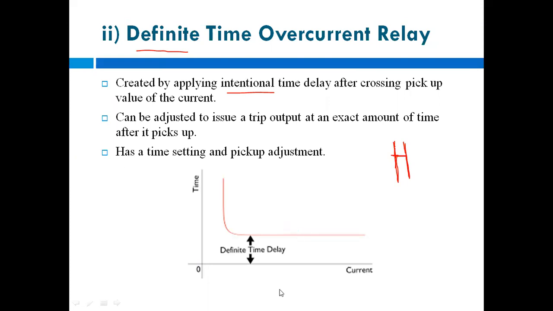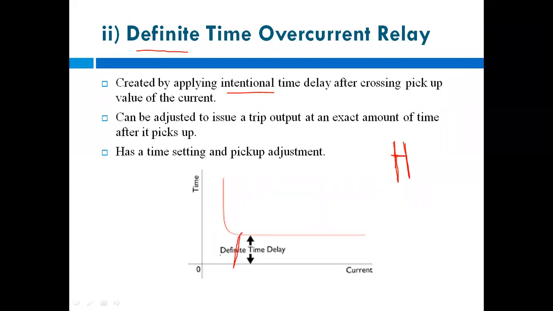Here the time versus current characteristic is shown. As your current starts increasing, the time required for operating the relay decreases, right? But here the time for operation of the relay is fixed, or definite.